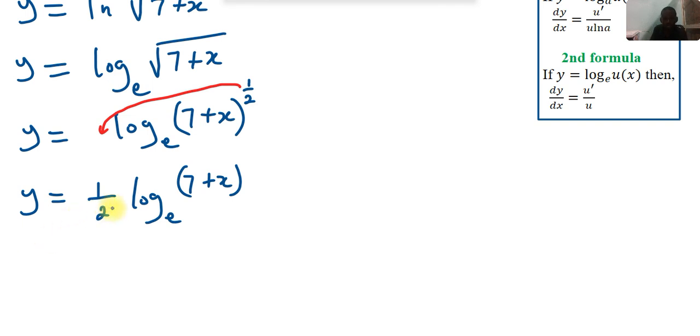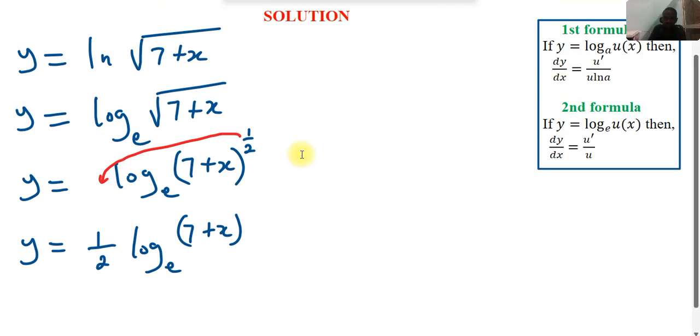So if you go back to the formula, we'll be taking the half as a constant. Then we will consider that log alone when we are checking our formula. Let's see the two and see which one is suitable. Now this one has log to base e.